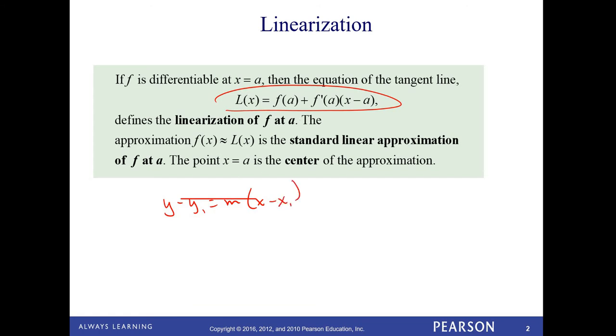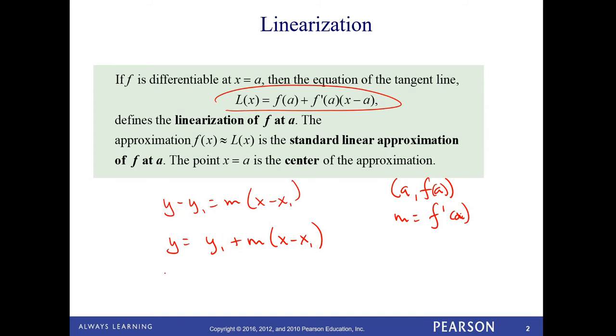And actually, the equation up there is the exact same equation, just written in function form. If I add the y sub 1 to both sides and put it in the front, and I'm doing this at the point where x equals a, so that's the point a comma f of a, we know that the slope is f prime of a.